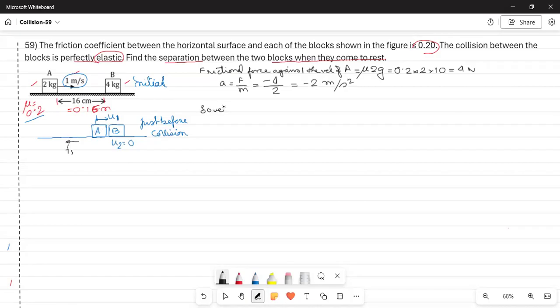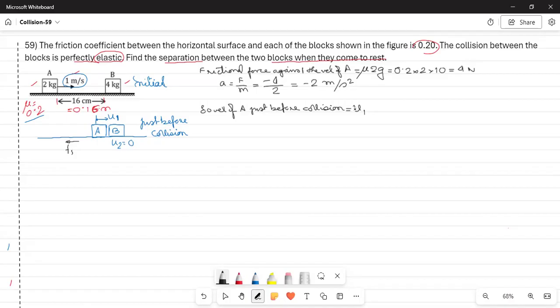Now we can find out u1, the velocity of A just before collision. Velocity of A just before collision is equal to u1.